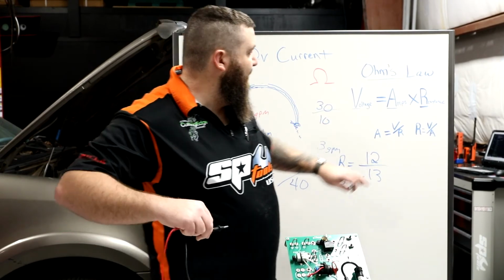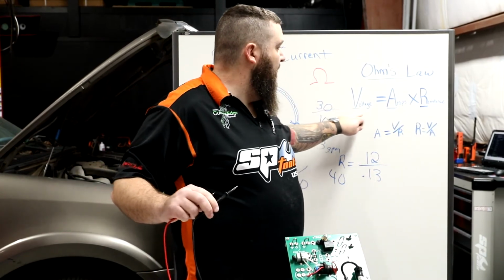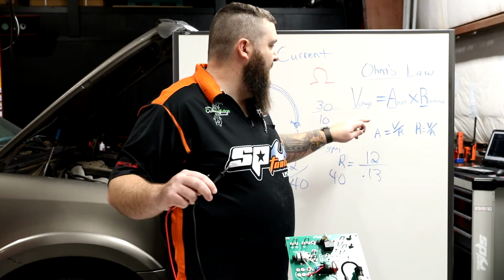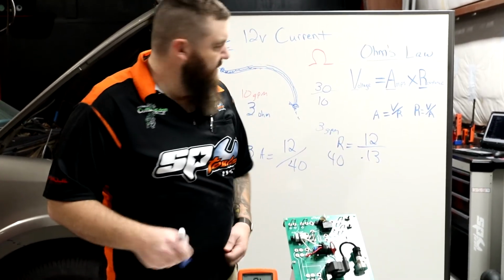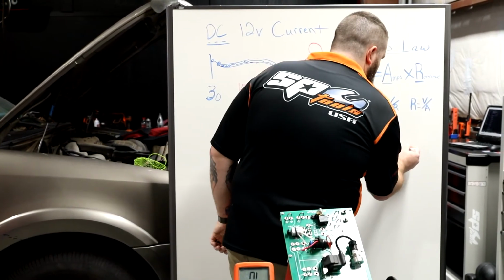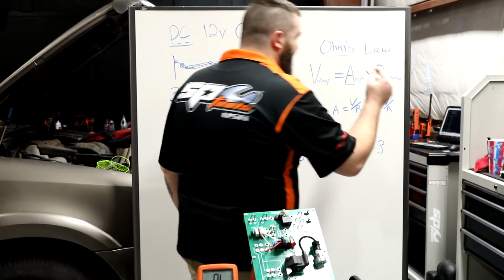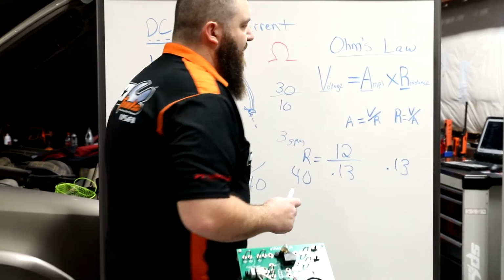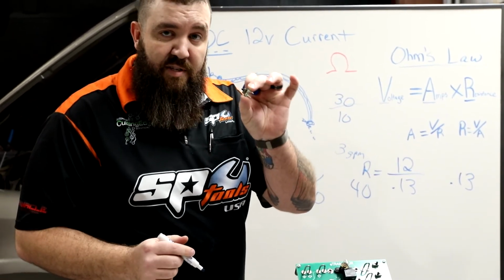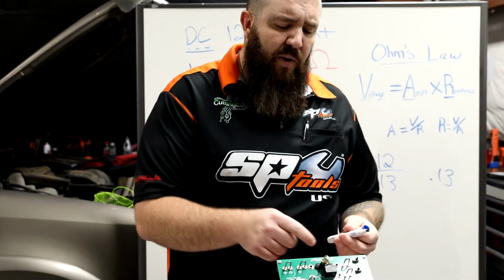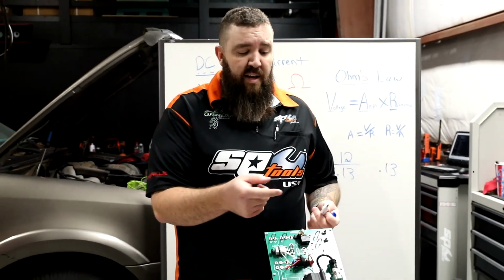So for right here, if we want to figure out what our voltage was, we knew that we had 0.13 amps. That's what the meter said. And then we know our resistance value right there, we just tested that resistance point, and that would go the same for if you guys were testing the resistance across, say, a light bulb or pretty much any kind of other usable switch or item.